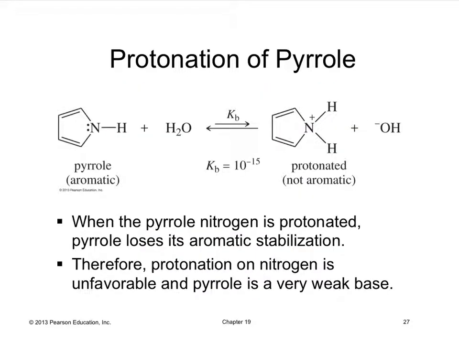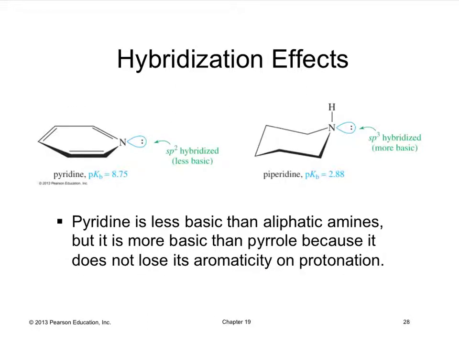Protonation of pyrrole. Here's pyrrole, aromatic in the presence of water, and then it becomes non-aromatic when you protonate. So protonation on the nitrogen ring is very unfavorable, and pyrrole is a very weak base. And pyridine is less basic than aliphatic amines, right? But it's more basic than pyrroles, because this nitrogen's electrons do not participate in the pi system.